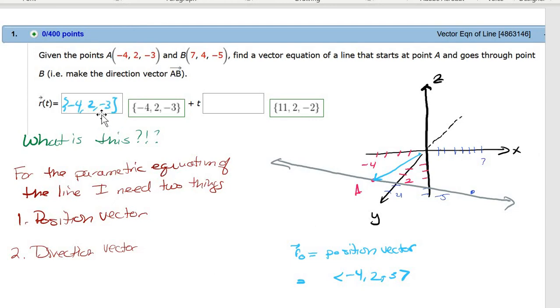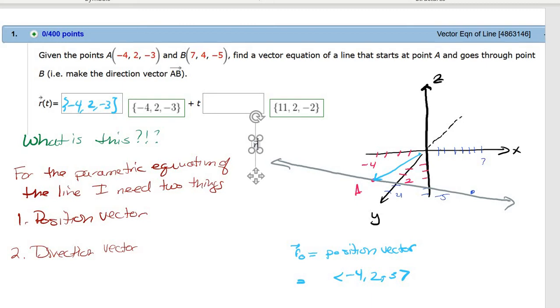So right here goes up the position vector. That's the formula for this. I actually should have written the formula up here. Maybe I'll quickly draw that so you can see it. The formula for a line is not y equals mx plus b.